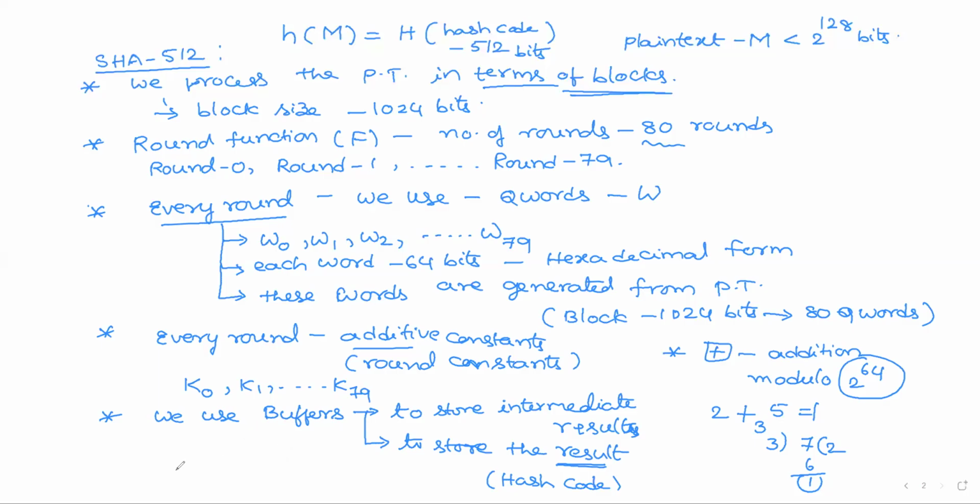Then how many buffers are required here? Because the hash code is of 512 bits, and each buffer is of size 64 bits, to store these 512 bits we need only 8 buffers.